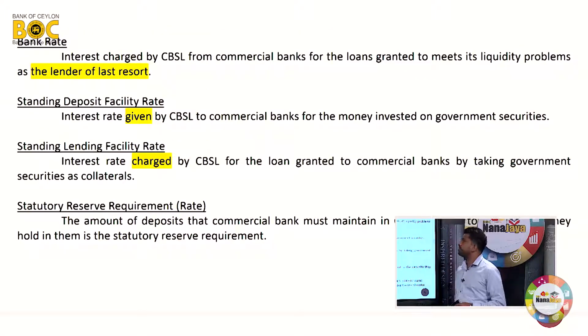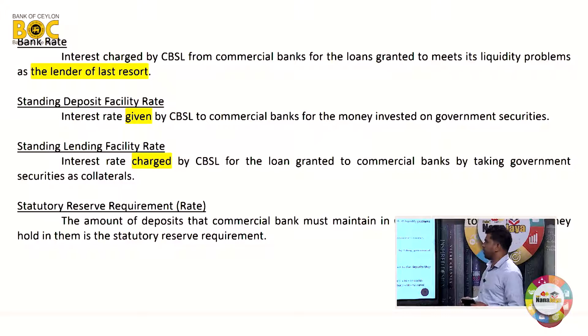Bank rate is the interest rate charged by CBSL from commercial banks for the loans granted to meet their liquidity problems as the lender of the last resort. Remember keywords: interest charged, liquidity problems, and lender of the last resort. So these keywords should be mentioned in your answer.